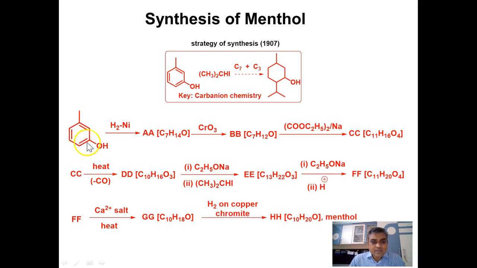Now this synthesis can be made interesting by transforming it into a problem, whatever the reagents involved here: H2/Ni reduction, oxidation, diethyl oxalate, then base-catalyzed alkylation, then distillation with the copper salt and reduction. All these reagents are preliminary reagents, and students generally know about them. And therefore, the synthesis of menthol can be learned in this format also.